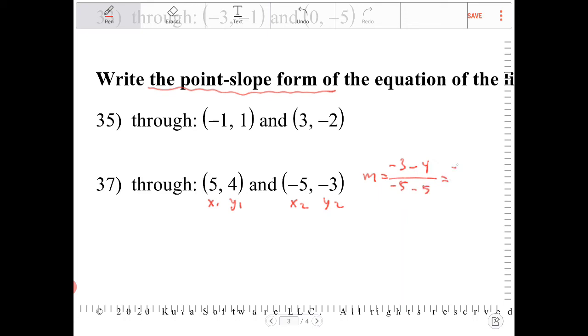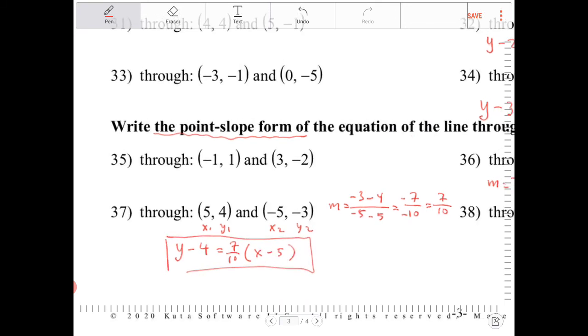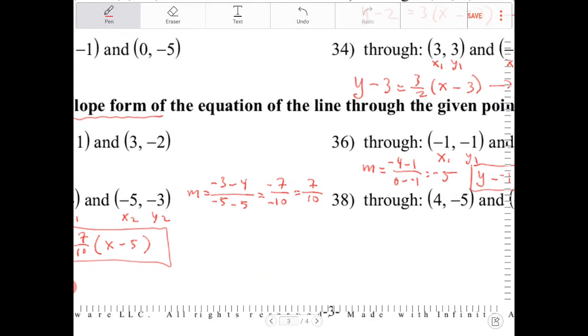And this is negative 7 over negative 10, or it's positive 7/10. And look at how simple this problem is. It's just y minus 4 is equal to 7/10 times x minus 5. We can leave our answer in this form. It is many, many times easier.